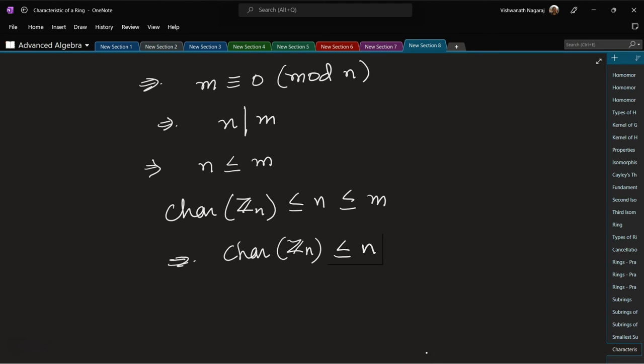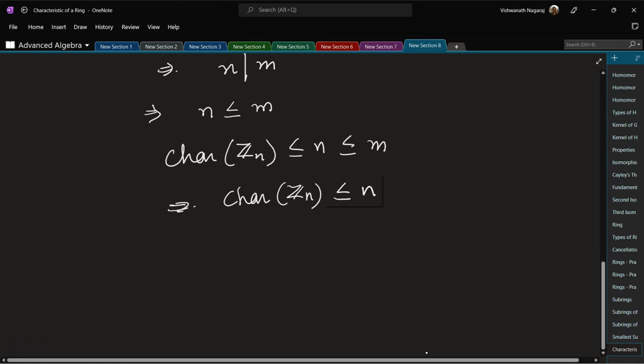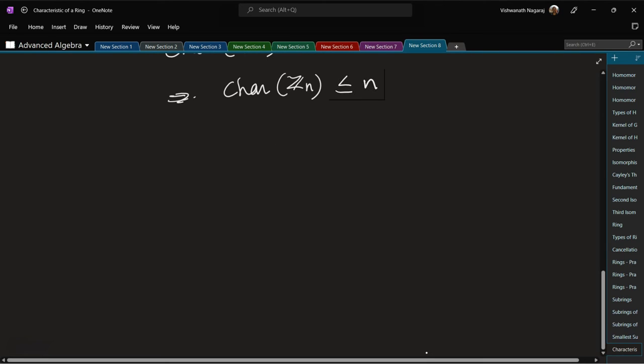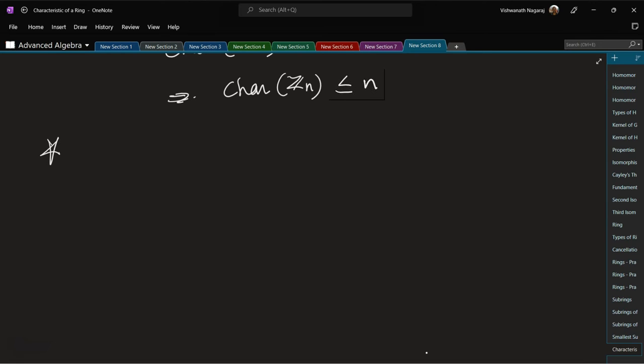There are other numbers which will add up to 0, but they will always be greater than n, because m should be divisible by n.